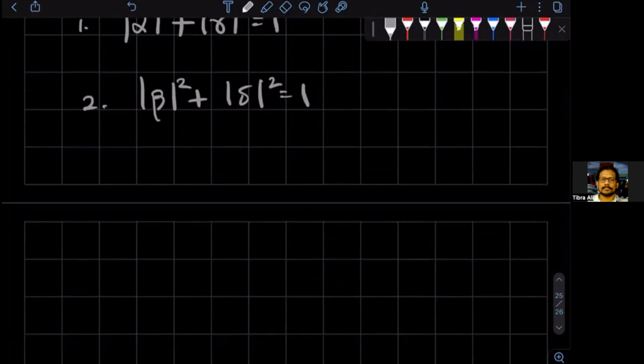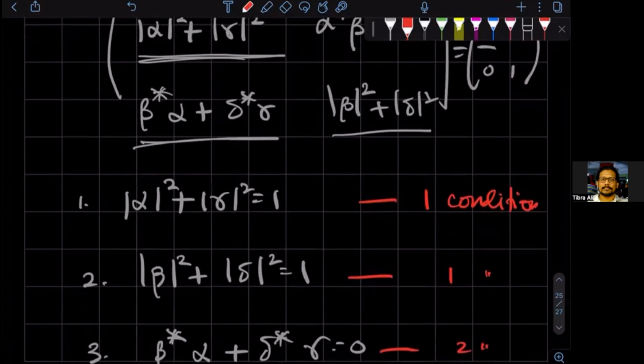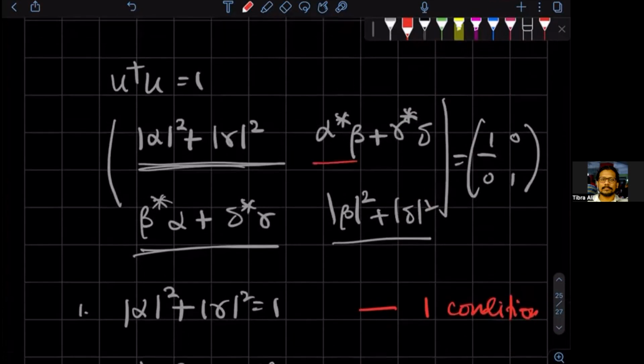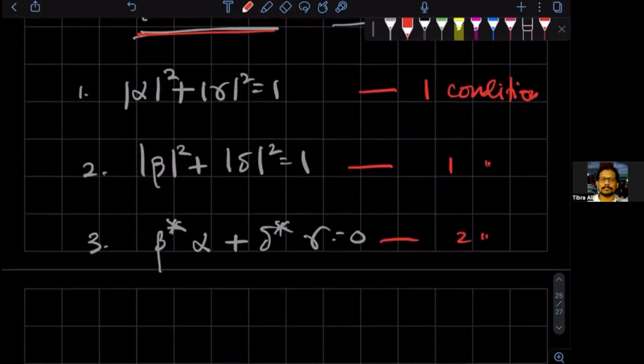And this guy, beta star alpha plus delta star gamma equals 0, is 2 conditions, right? Because this equation is the same as this equation. They're just complex conjugates. They have the same content. So we get 4 conditions on 8 parameters.